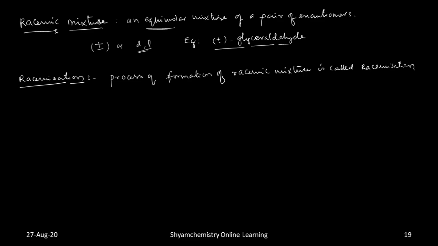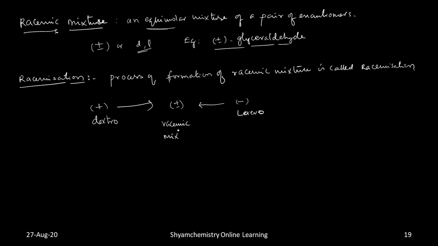Whether we can mix up dextro compound, 50% concentration, 1:1, with levo, when both are combined, then we will get a racemic mixture. It is a racemic mixture.